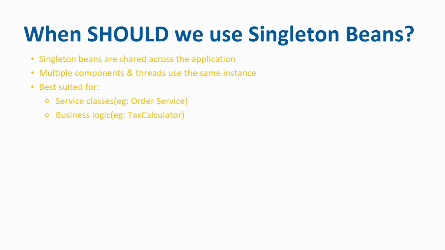Till now we have learned about the singleton bean. Now let's see where we should use the singleton bean and where we should avoid using it. So what is the singleton bean? The singleton bean is shared across the application, and multiple components and multiple threads use the same instance.